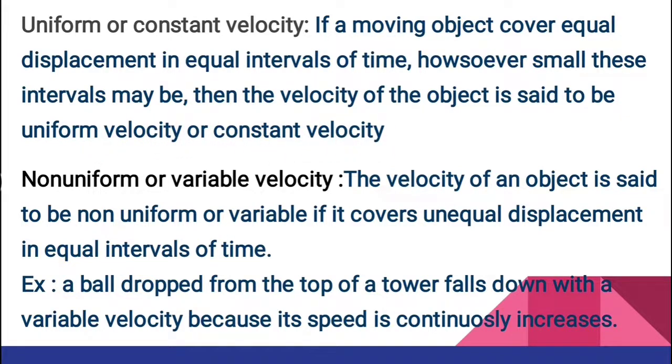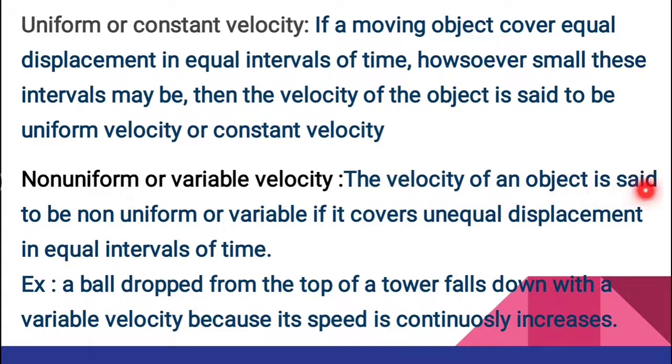For example, a boy is running due east covering a constant distance of 6 meter every second and maintaining his direction unchanged. Then the boy has a uniform velocity or constant velocity of 6 meter per second due east. We have to mention the direction with velocity because it is a vector quantity. Okay, now what is non-uniform or variable velocity?